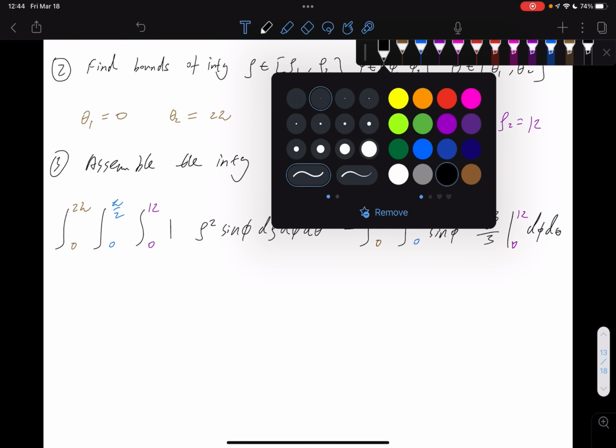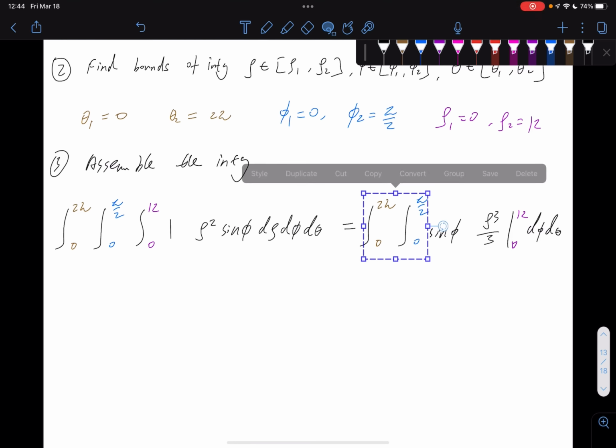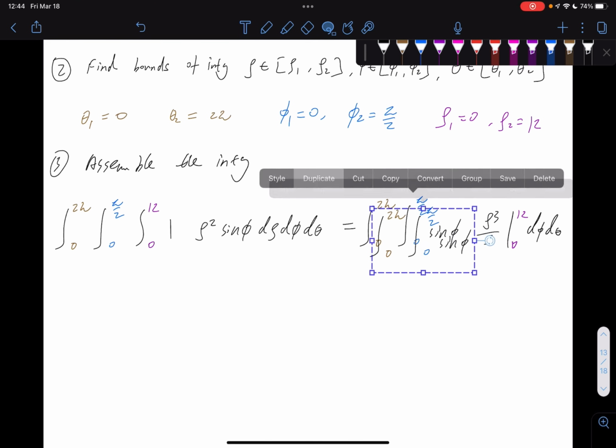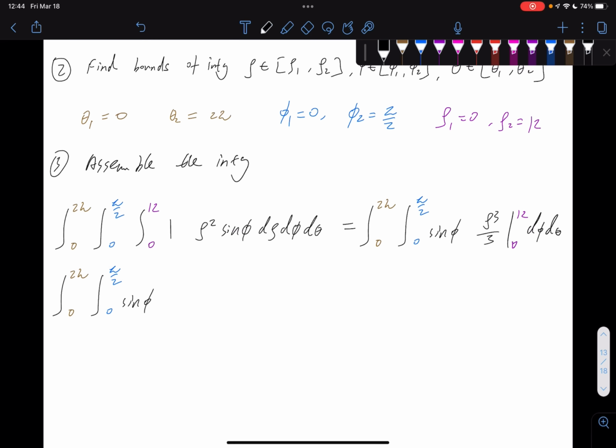This will give us 12 cubed, that is 12 squared, 144, times 12 over 3, minus 0.